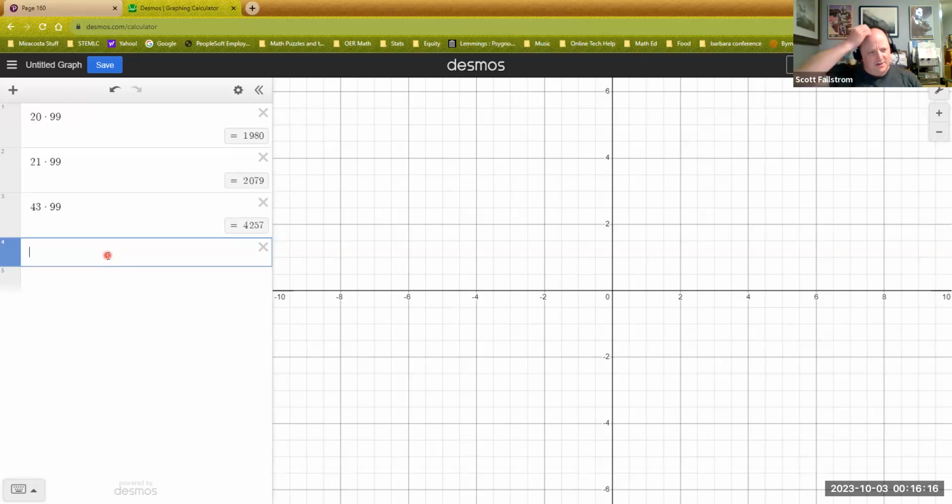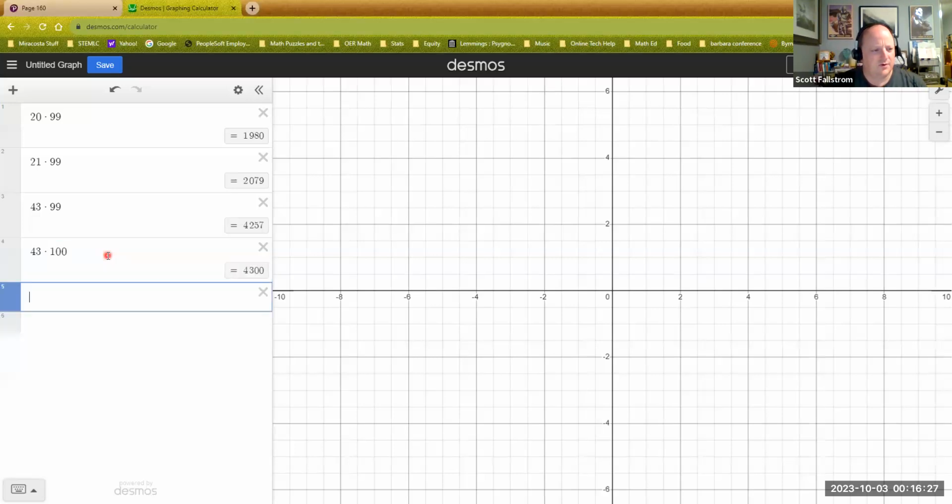So I think as I was looking at this, instead of trying to think of how did I get the multiplication over there, I want to try to look for some patterns. 99 is very close to 100. So if I did 43 times 100, that would be 4,300. We saw that in class, moving the place values. So 4,300 is 100 of these. 4,257 is 99 of these.